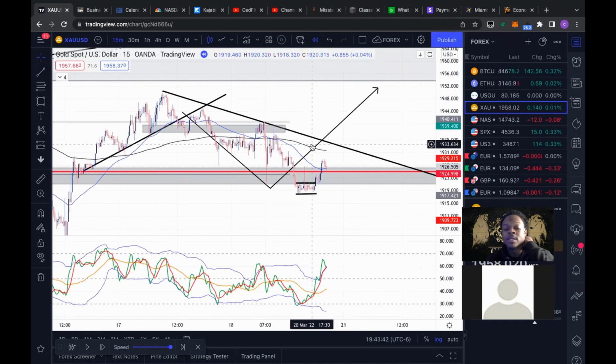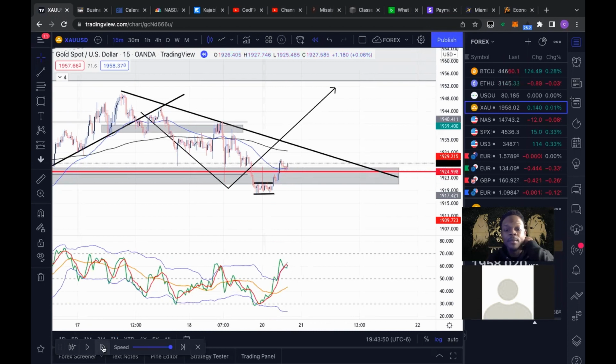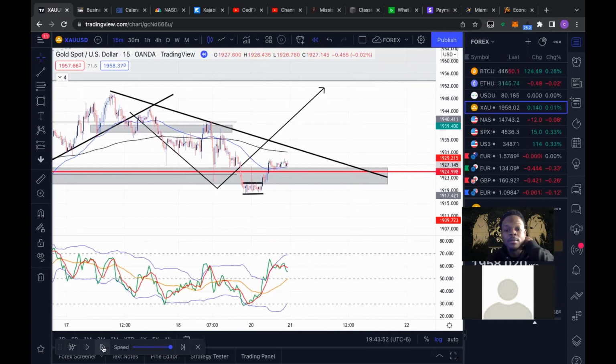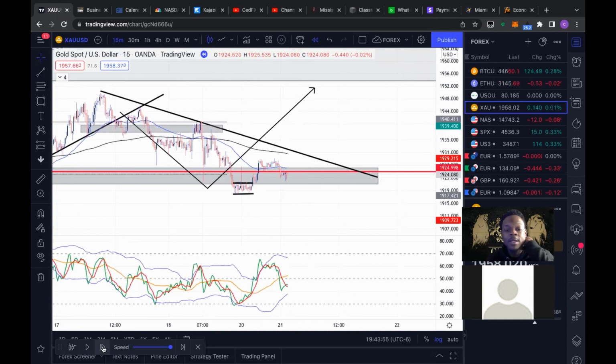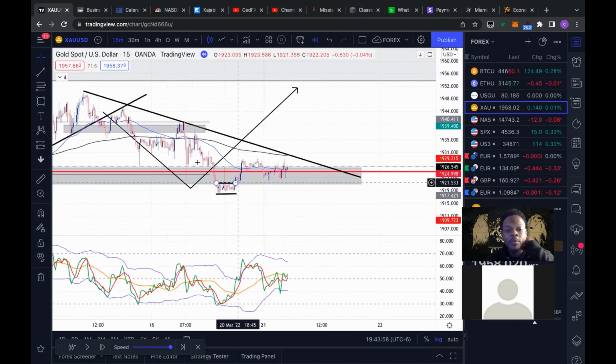Why? Because this is the level of structure that is influencing the market right now. It's our downtrend, right? So like I was saying, that break and retest sent the market back down, but it did not send it down for a long term.